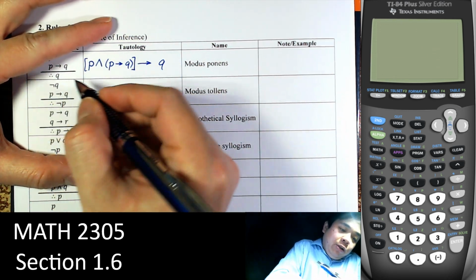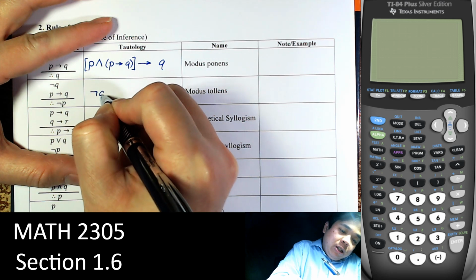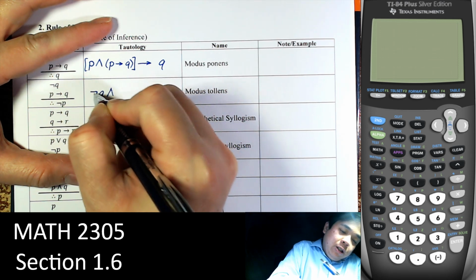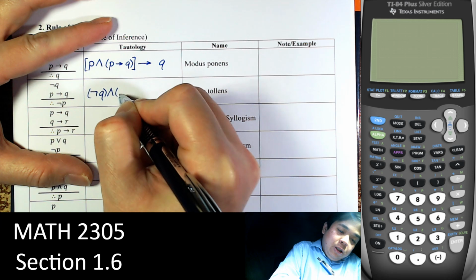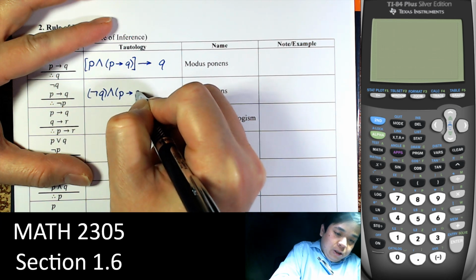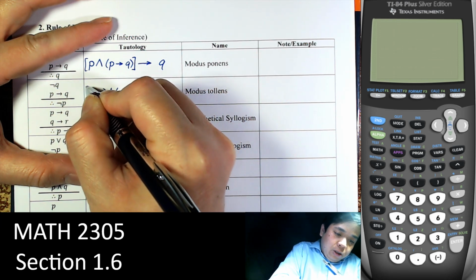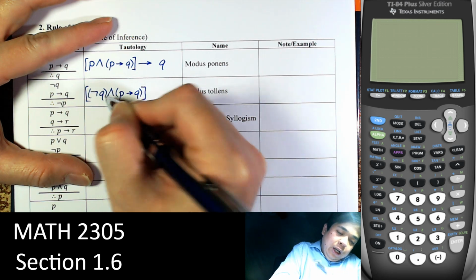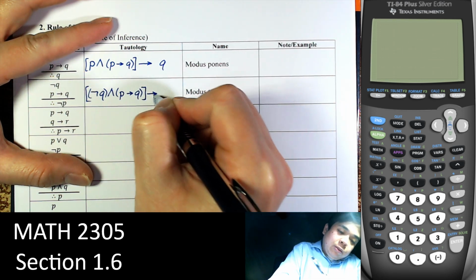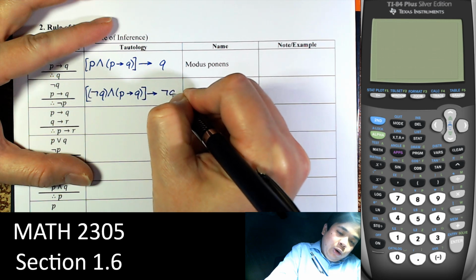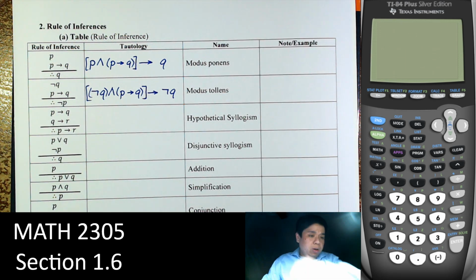Now, for this, of course, we just write all the premises in conjunction, implies the conclusion.